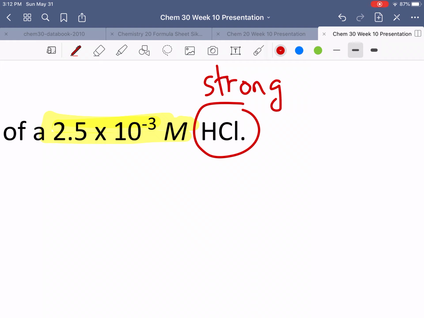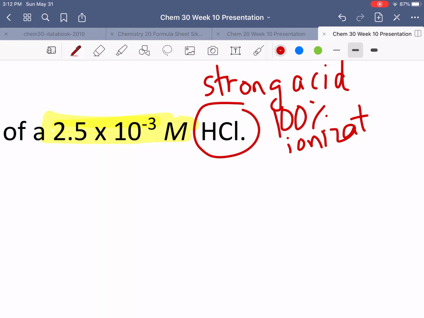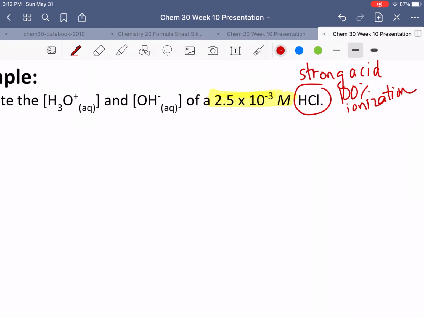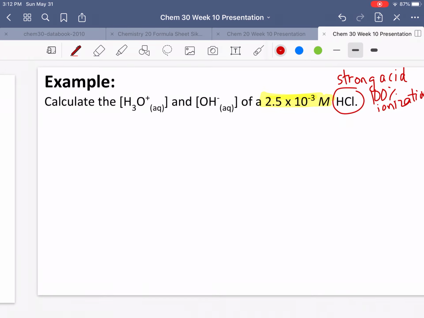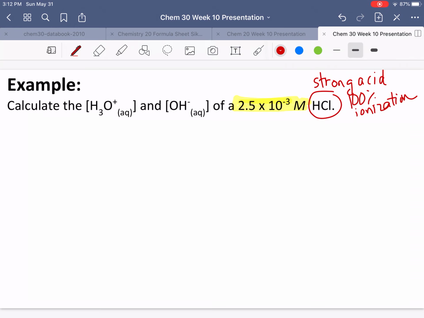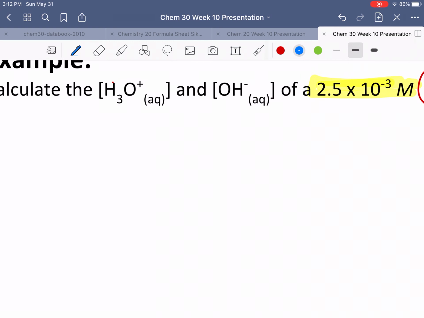And whenever you have strong acids, guys, we'll talk more about this in a future podcast, you have what's called 100% ionization, which means that every last bit of that HCl ionizes.